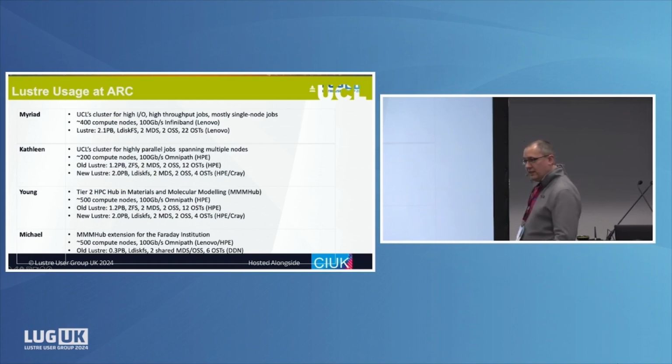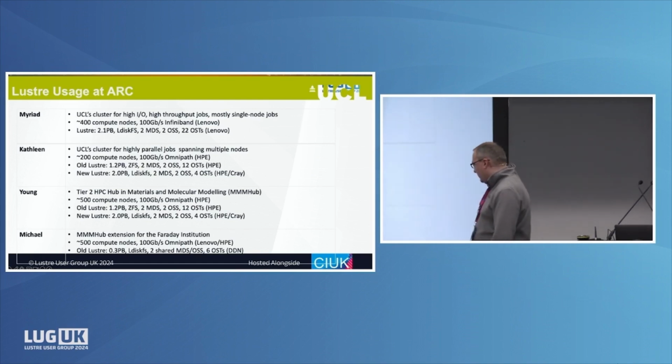And I'm not just saying this because DDN is sponsoring this event, but this is really the system which has given us the least amount of trouble. Really very solid, nicely chugging along. But unfortunately, it reached kind of the end of life now. So in the future, Michael is using the same Lustre file system as Young. So this new Lustre system is shared between 2 clusters.